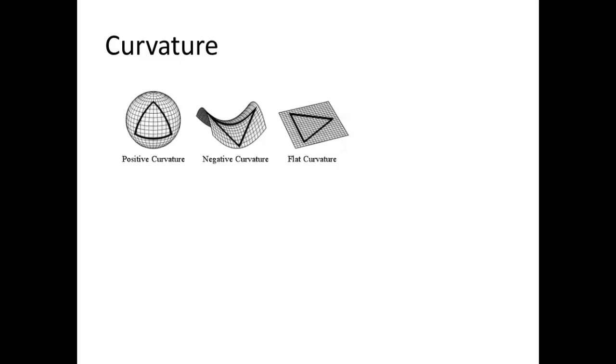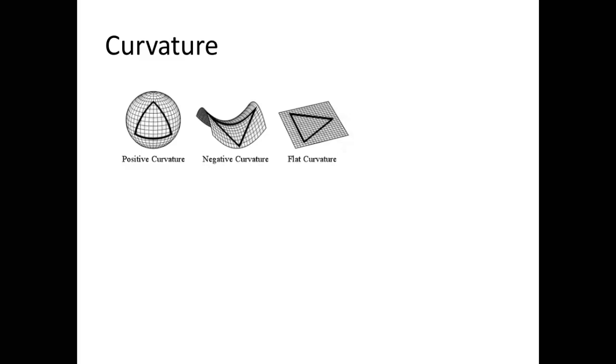And flat is when k is equal to 0. And if you relate it back to u, remember that u is proportional to negative k, or k is proportional to negative u. Therefore, positive curvature happens when u is negative, or the gravitational potential energy is greater than the kinetic energy. Negative curvature occurs when the kinetic energy is greater than the potential energy, and the flat curvature happens when they equal out.